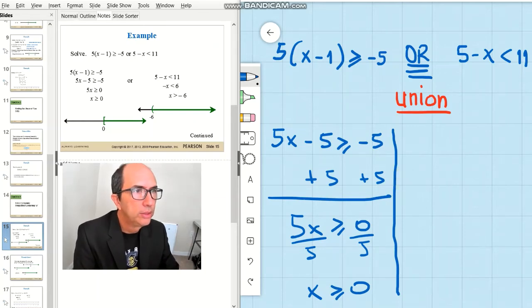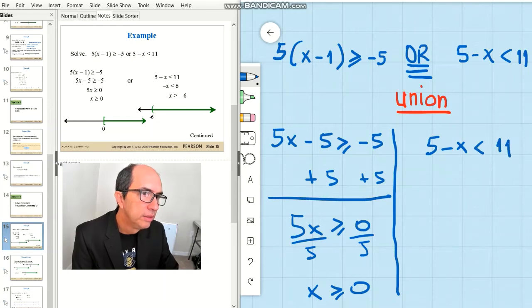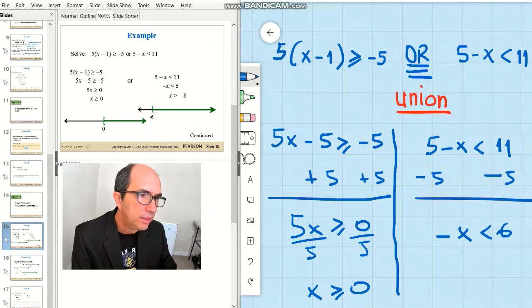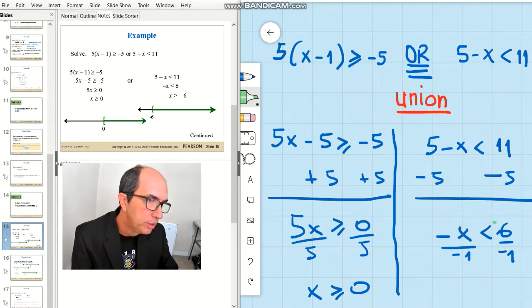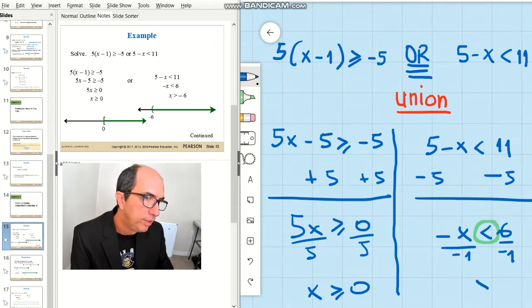And now this one, 5 minus x less than 11. Subtract 5 from both sides, then you have negative x less than 11 minus 5, 6. And divide or multiply both sides by negative 1. Don't forget, when you're dividing or multiplying both sides by negative 1, you have to flip the inequality. X is greater than negative 6.